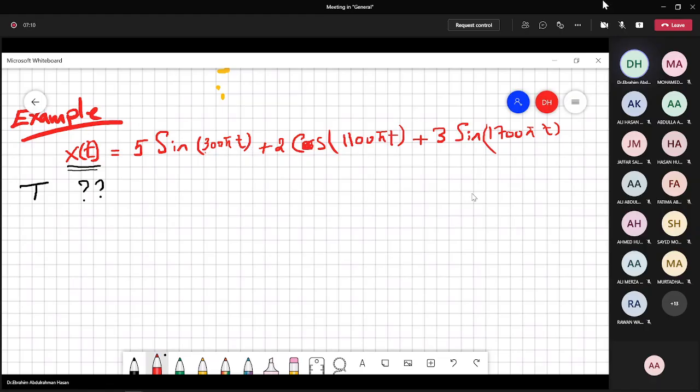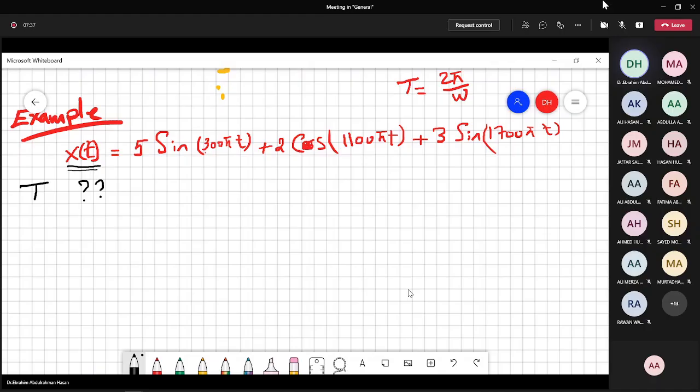For each sine or cosine, we know that T equals 2 pi divided by omega. And what is omega? Whatever we have in front of the variable t. So here we know how to find T for each one.